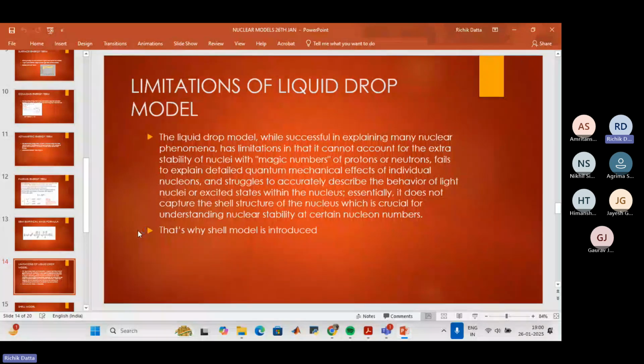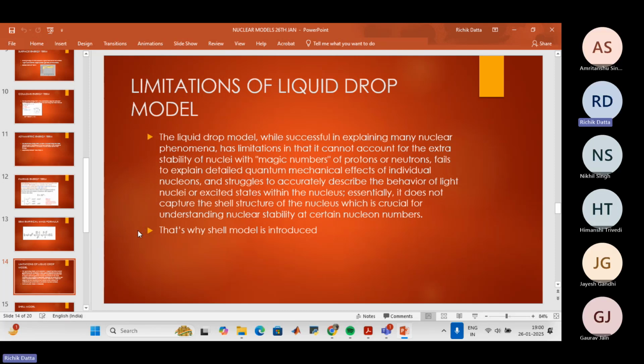I am telling this now in the atomic way, but at the nuclear physics and quantum mechanics level, there are many substates also. By adding all these substates, we get the magic numbers of the nucleus. So the liquid drop model doesn't unfold the concept of magic numbers.